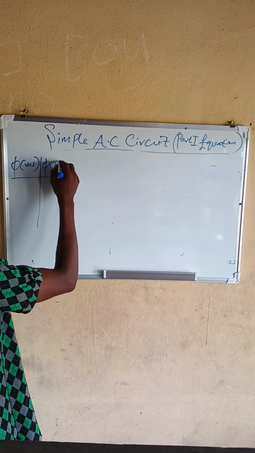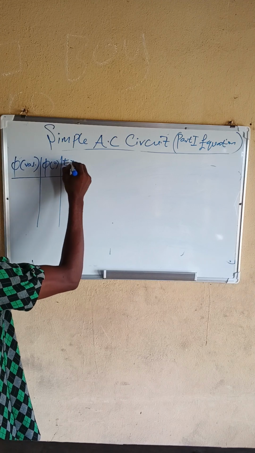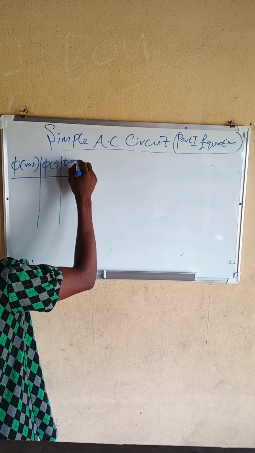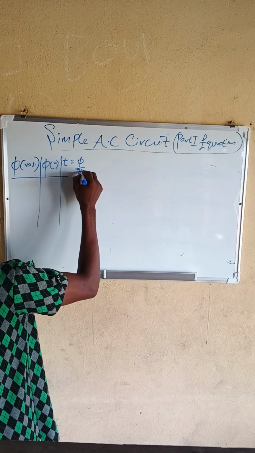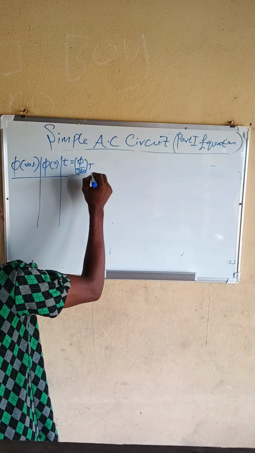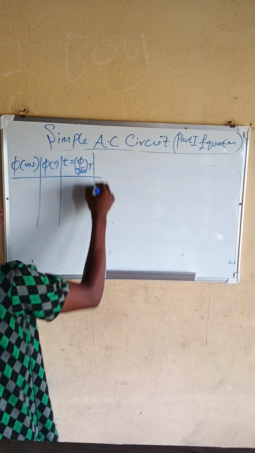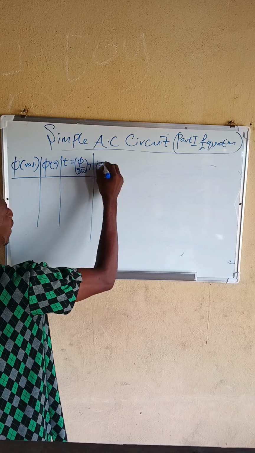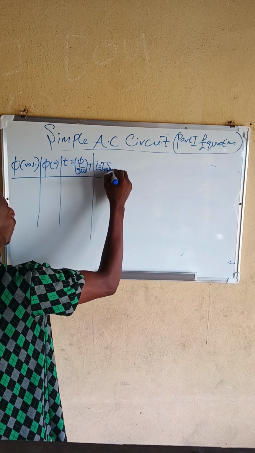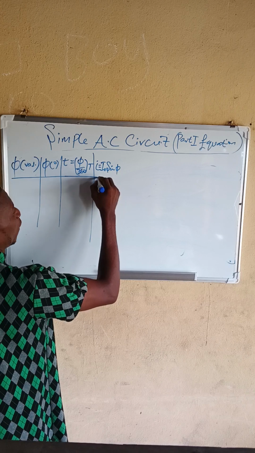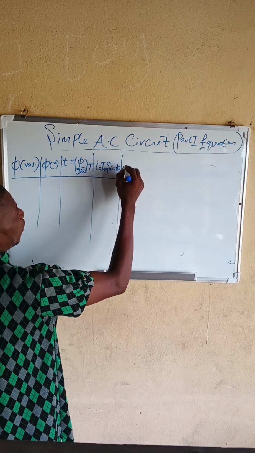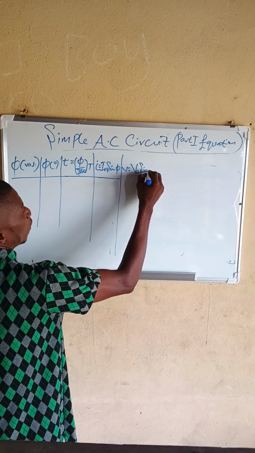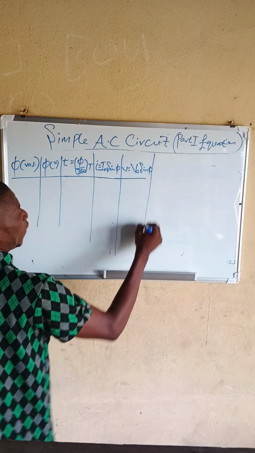Then I have t is equal to phi over 360 times T. Then I have I, knowing fully that I is I naught sine phi. I'm going to have V, which is V naught sine phi.